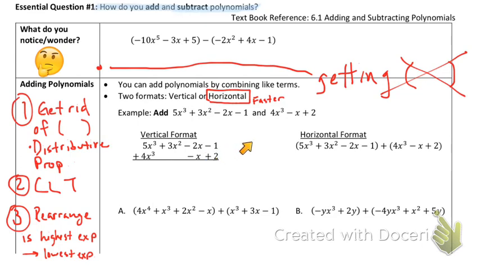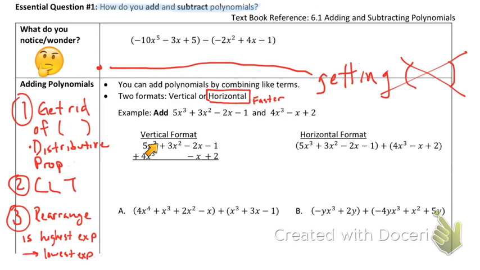And what we did for the adding of the second polynomial, 4x to the third minus x plus 2, we simply kind of matched them up with the same variable to the same power. So 4x to the third went under 5x to the third because they both have x to the third.